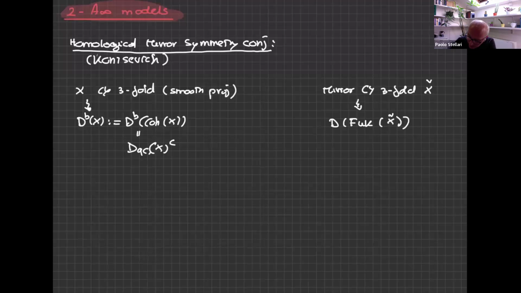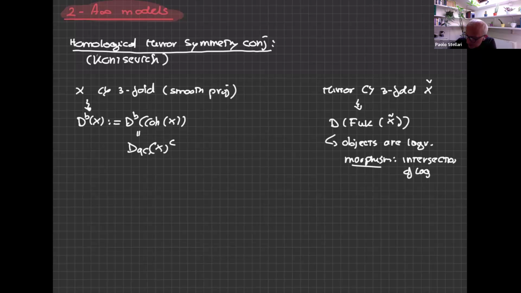Okay, so here we know that roughly objects are Lagrangian submanifolds, and morphisms are provided by intersection of Lagrangians, as soon as we can assume that they have some transversality property, of course. And now the conjecture says that these two categories must actually be equivalent.